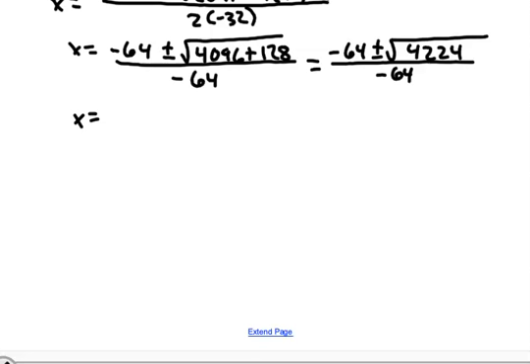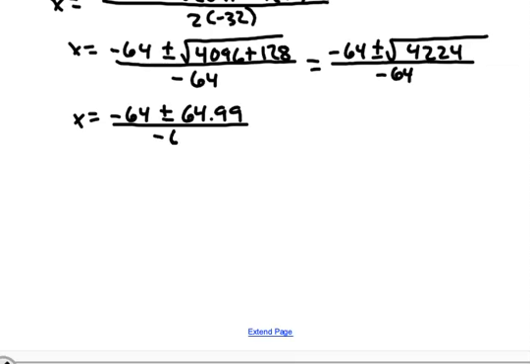Remember, word problems, quadratic formula problems, decimals don't mean you did anything wrong. If you plug that in, you get basically almost 65, 64.99. All of that is over negative 64.